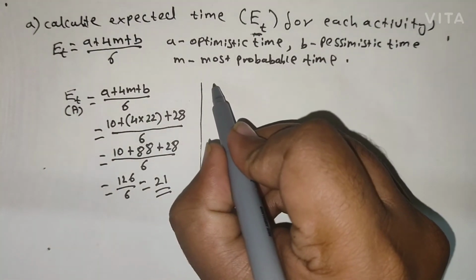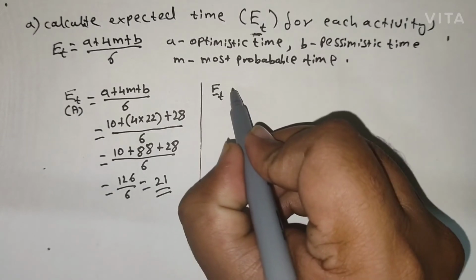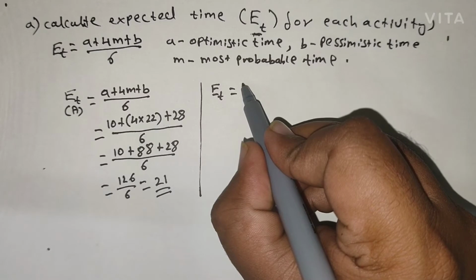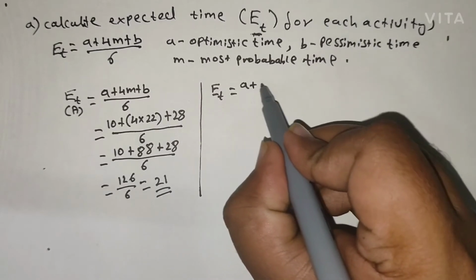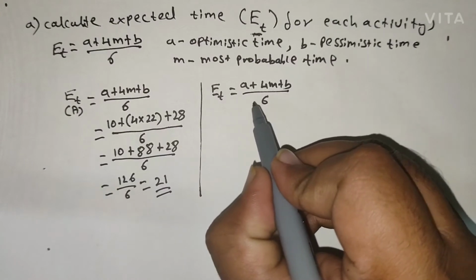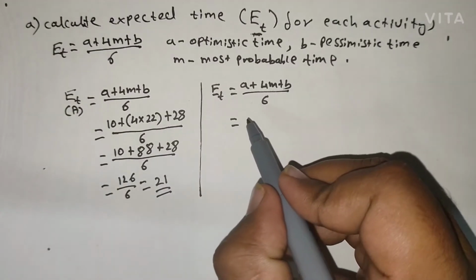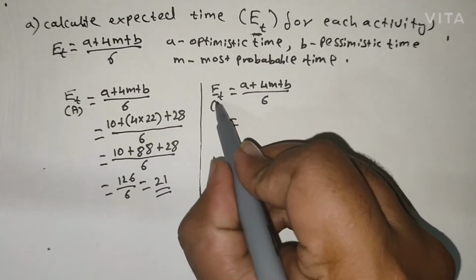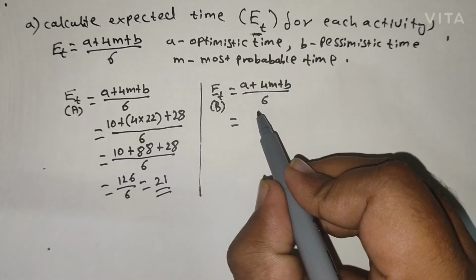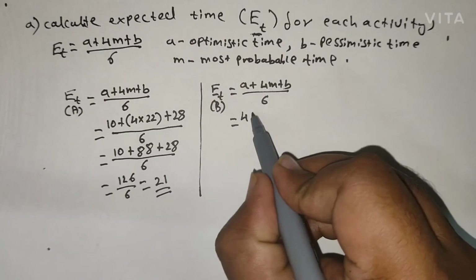Now we'll go for activity B. We'll find the expected time E of t for activity B. That is the formula, I'll write it again, a plus 4m plus b divided by 6. What is a for activity B? a for activity B is 4.